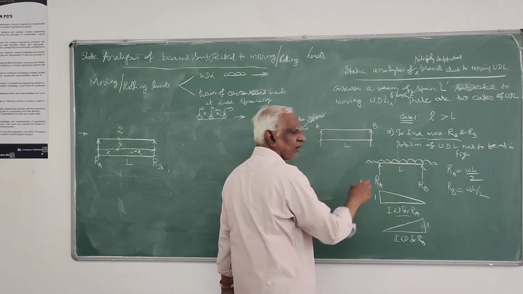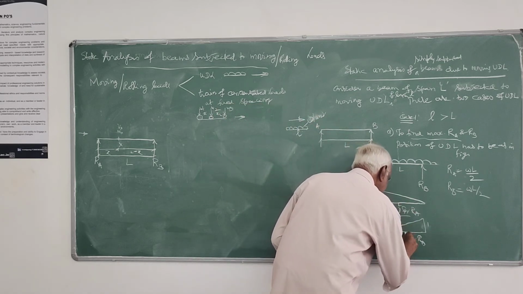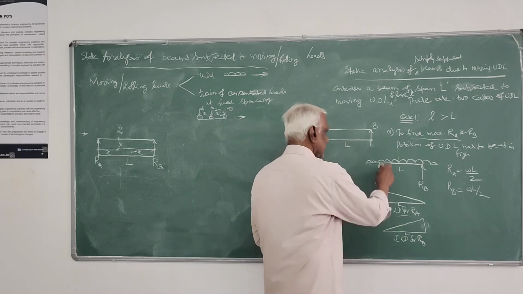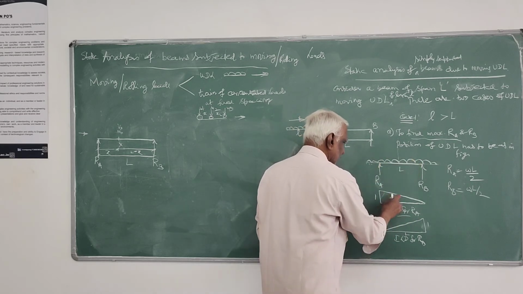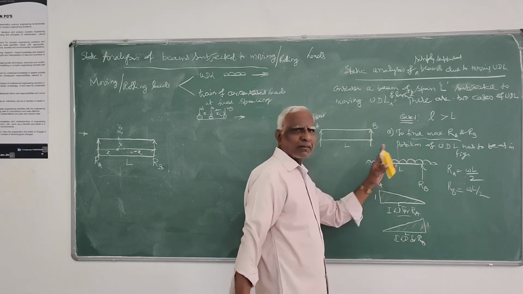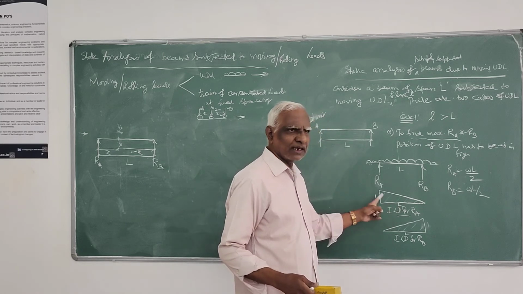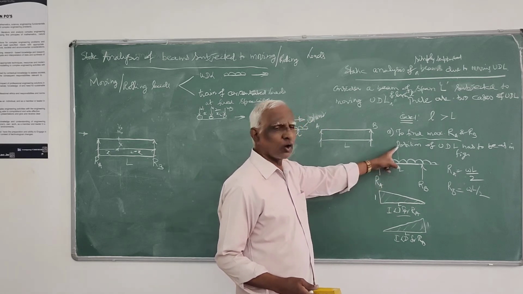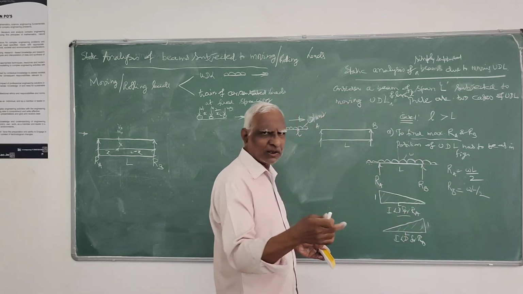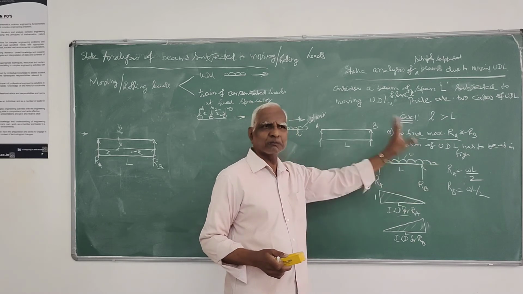This is the position of the load. This is span L. Therefore, you can find RA this way. Because you are placing the load like this, you have to find the entire area and multiply by the load intensity. What is the area? Half into L into 1, that is L by 2. L by 2 into w is wL by 2.